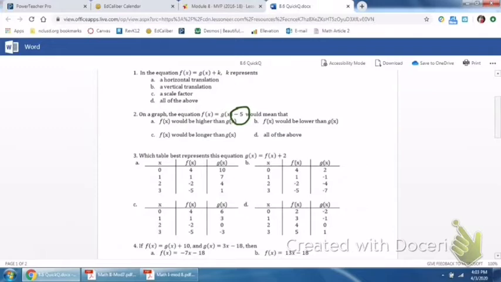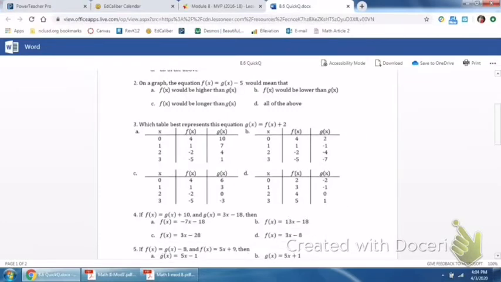So that means f of x is lower than g of x. To get to f of x, you'd have to go to g of x and then move down 5. Alright, so number 3, you should be able to do that. G should be 2 more than f, or g should be f plus 2, however you want to think about it.